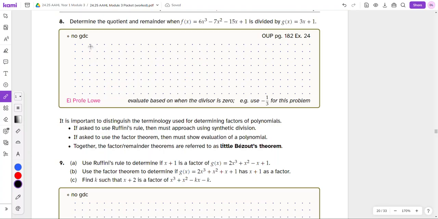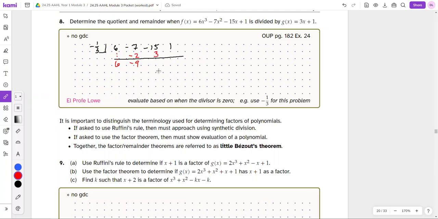So my setup will be with a negative 1/3, right? And then write my coefficients, in this case 6, negative 7, negative 15, and 1. Okay? Bring down that 6, right? Then multiply. That's going to be negative 2, add negative 9. Then multiply.